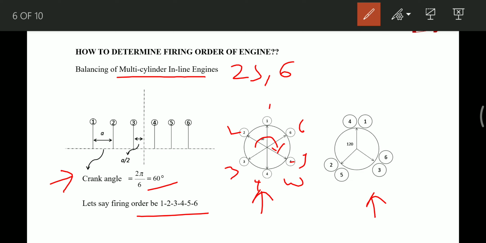For that, the angle is 120 degrees between the cranks, and it is rotating at a velocity of 2 omega. So the firing order is 1, 2, 3, then 4, then 5, and then 6. So these are the crank position angles for this multi-cylinder inline 2-stroke 6-cylinder engine having a firing order of 1, 2, 3, 4, 5, 6.